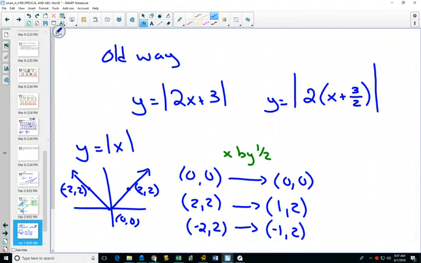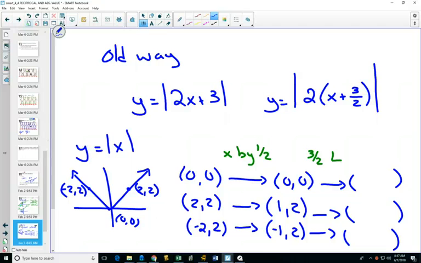And then you would move all of your values 3/2 to the left. And so this would become (-3/2, 0). This one would become (-0.5, 2), and this would become (-2.5, 2).